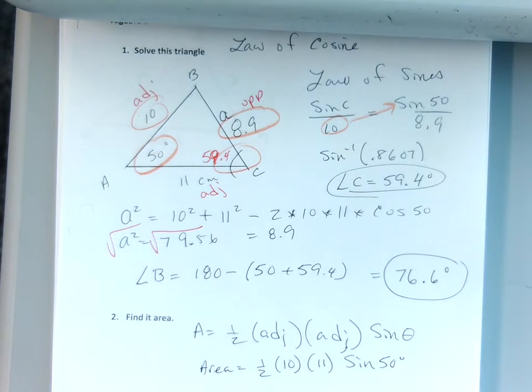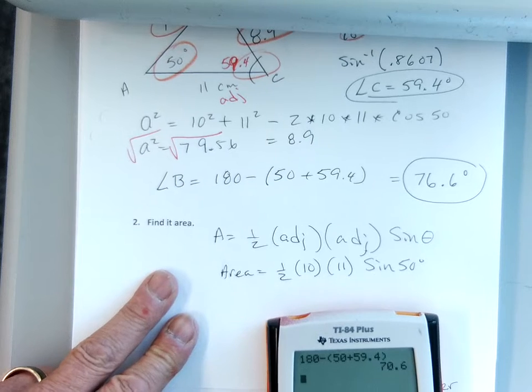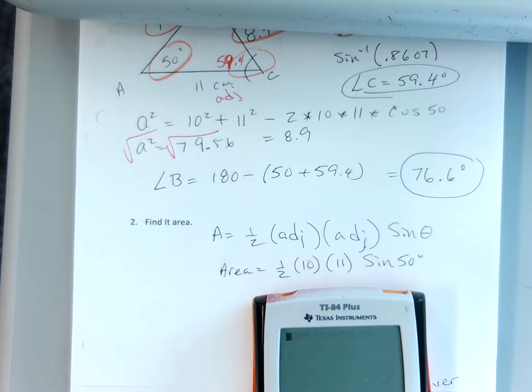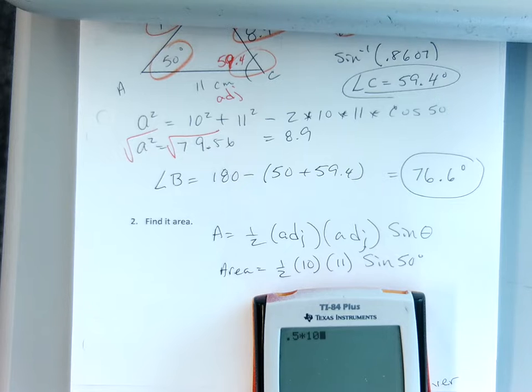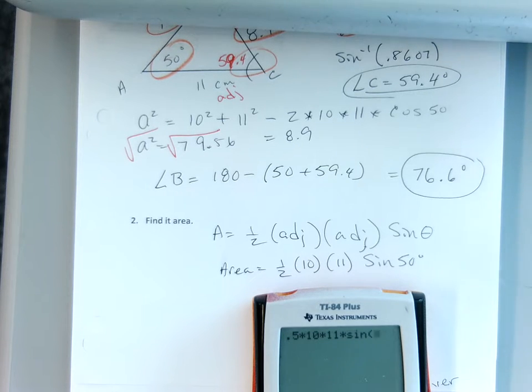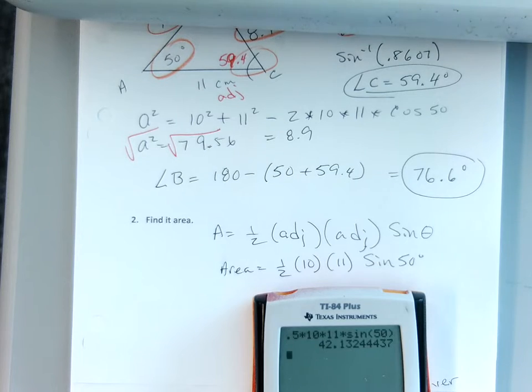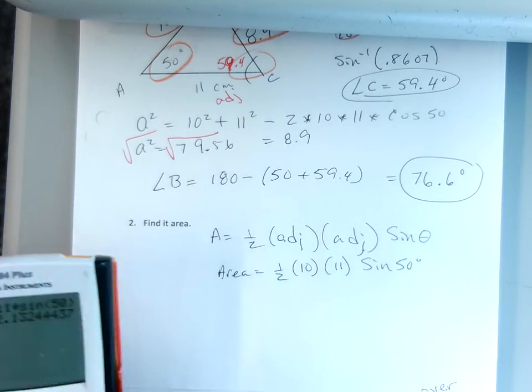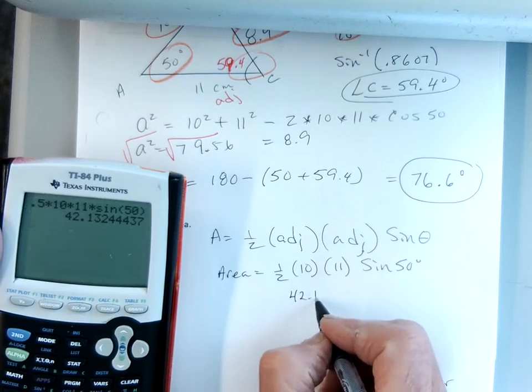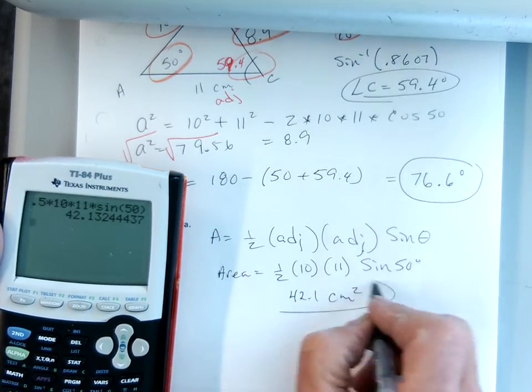I'll type that in: 0.5 times 10 times 11 times the sine of 50, and about 42.1 is the area. That's in terms of centimeters squared.